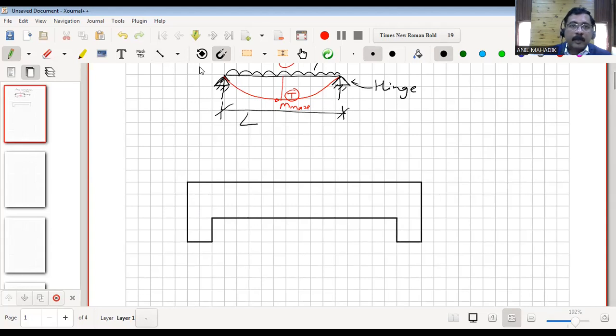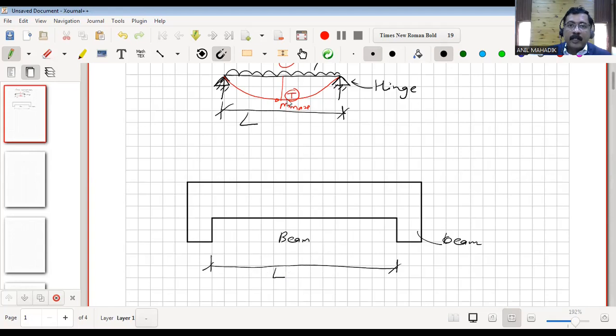These are also beams. Beam can be supported on columns or on beams also. So let's say this is our beam and this is also our beam detail. And the span of this beam, let's say the clear span between these faces, is L.